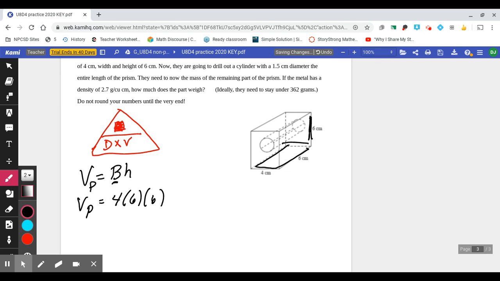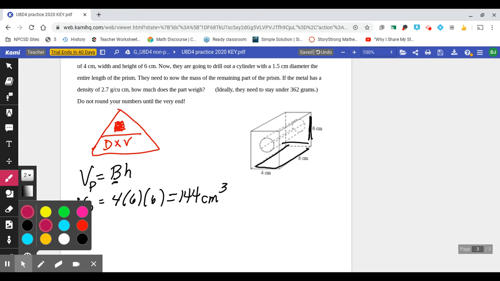Okay, so if we pick up our calculator and do 4 times 6 times 6, we get 144. And we are in cubic centimeters, right? All dimensions were in centimeters, so I didn't have to do any conversions. Okay, but now we have to find out, well, what is the volume of a cylinder?